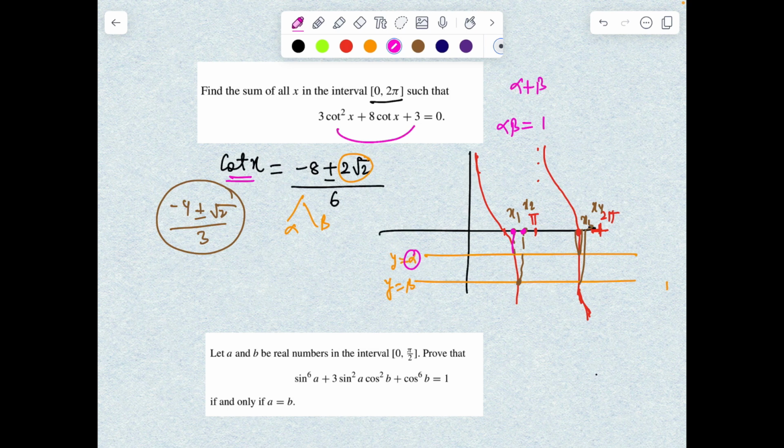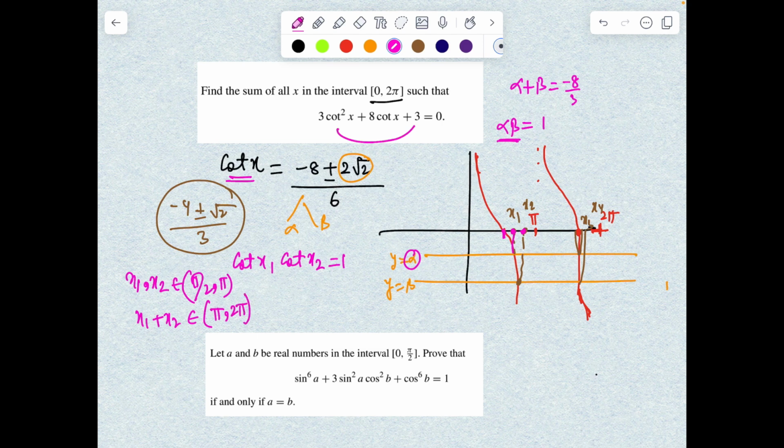Moreover, the sum of roots alpha plus beta is -8/3. So from here what I can say is that both x1 and x2 will have the property that cot x1 is alpha and cot x2 is beta, as you can see from the graph. So that must give 1/3, where x1 and x2 both belong to the interval of π/2 to π. So hence x1 plus x2 will belong to π to 2π.